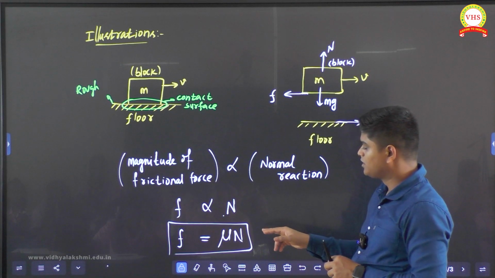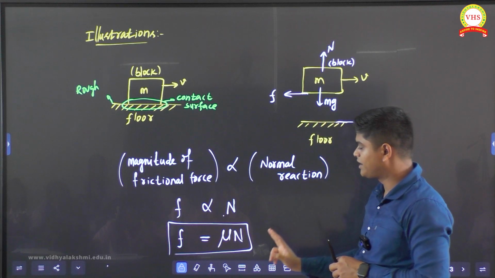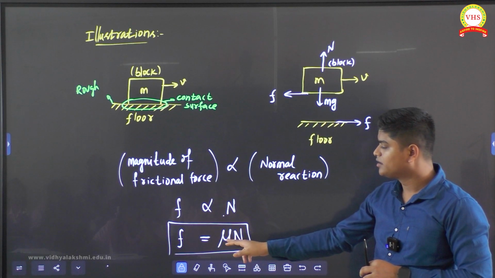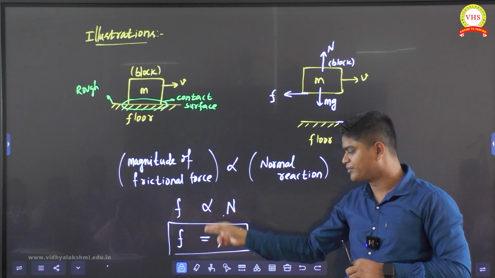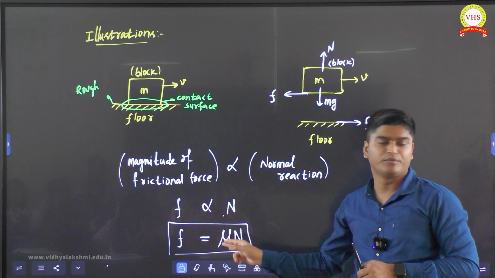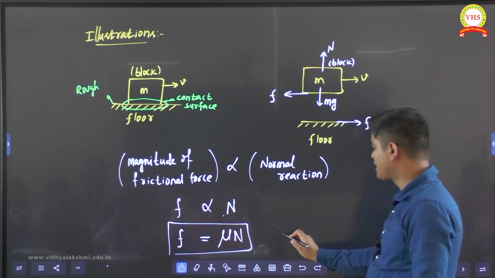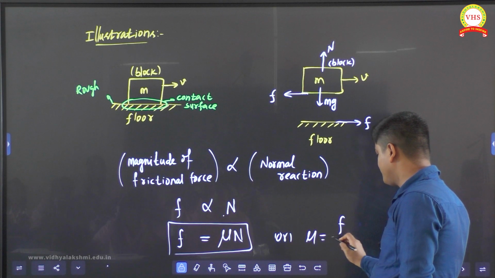Now from this diagram you can understand also that normal reaction equals mg. For this particular case it can be mu mg. No worries. But remember, frictional force is directly proportional to normal reaction. If the proportionality symbol I am removing, I am taking one mu. Where this mu is called what basically? Mu is called the coefficient of friction.